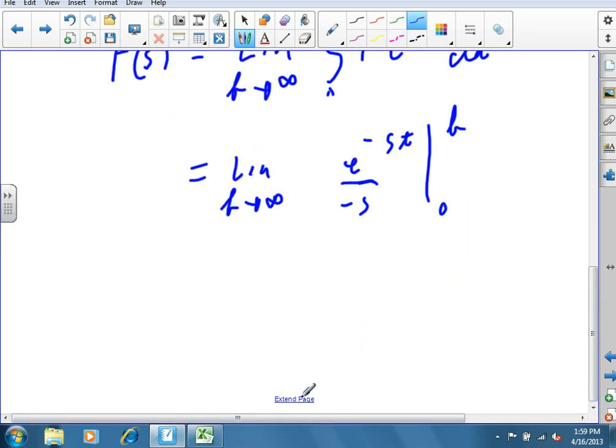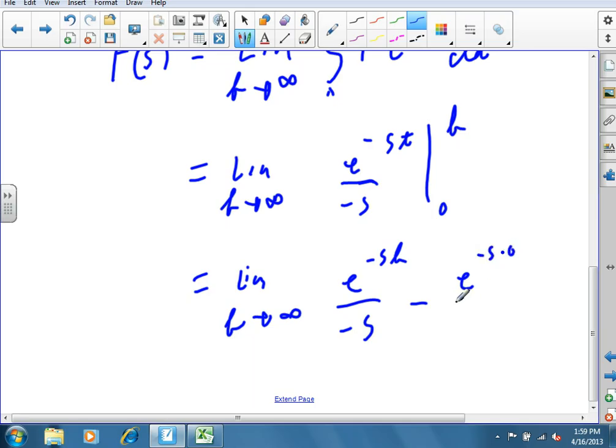And then I got the limit as b goes to infinity. I put the b in: e to the minus sb divided by minus s, minus e to the minus s times 0 over minus s. Now, as b goes to infinity, this guy goes to 0. The other term doesn't matter because there's no b there.